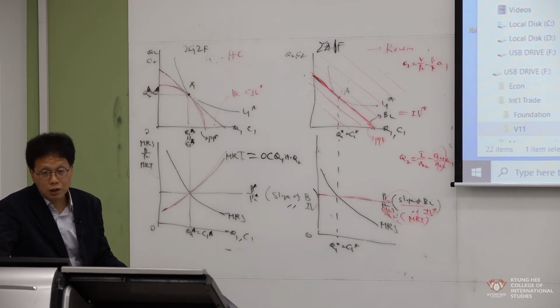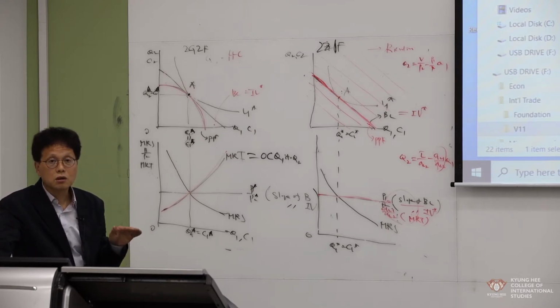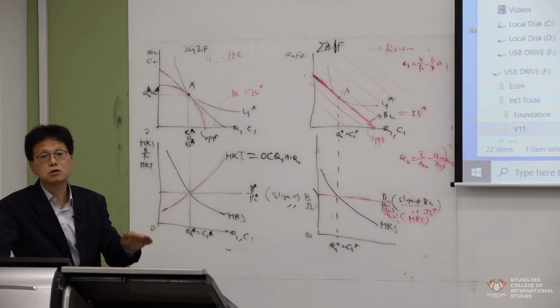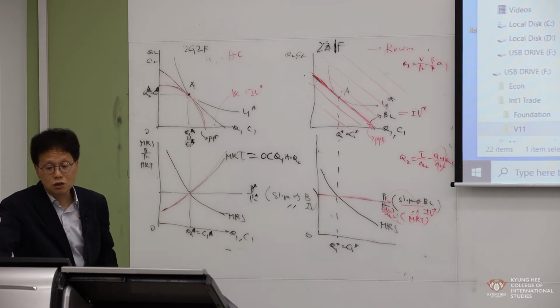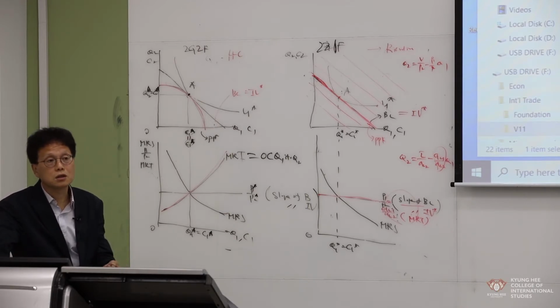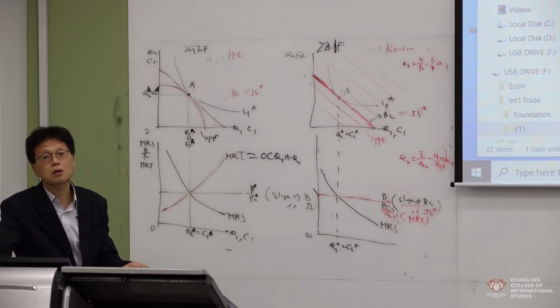But after free trade, Korean firms can export the comparative advantage good Q1 to Australia. In other words, Australian consumers can consume Korean-produced manufactured cars. Why? Cheaper than the Australian-made ones. Okay? That kind of thing happens.